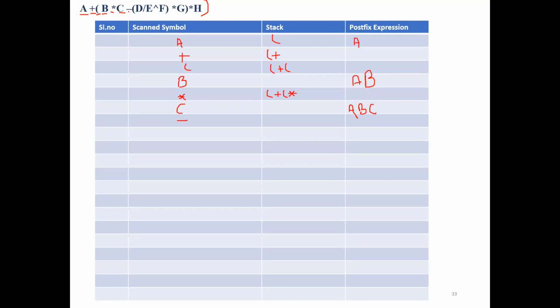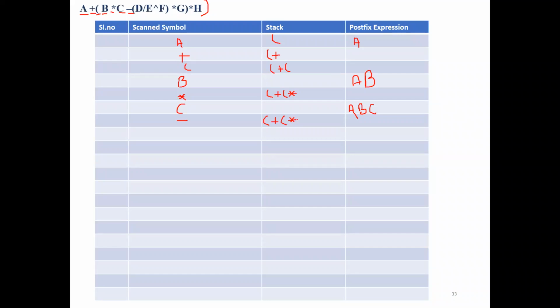Then comes the next symbol, which is a minus operation. Then tell me what now? We have to pop the top, ma'am. The incoming operator is having lower precedence than the operator on top of the stack. So lower precedence means pop the operator.